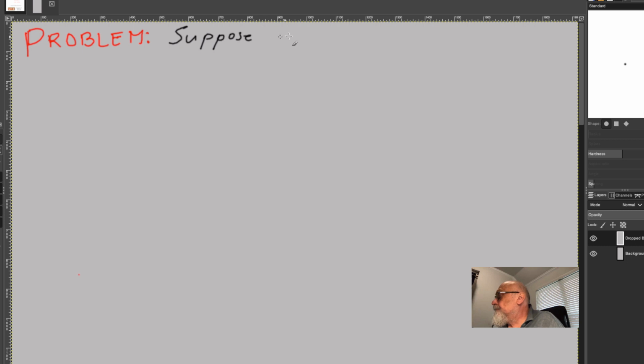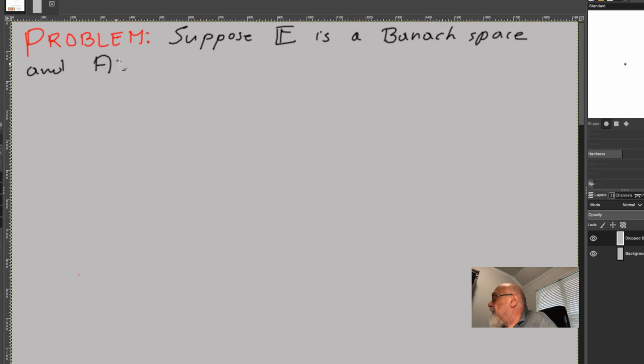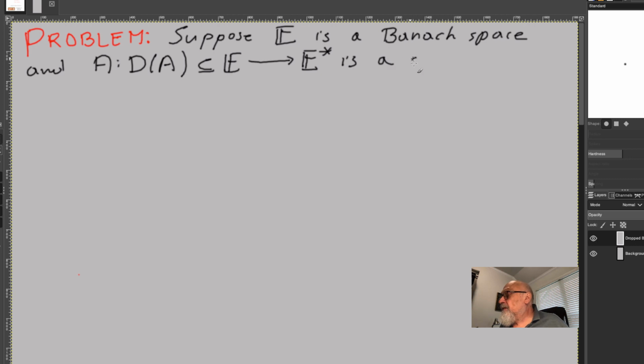Problem. Suppose E is a Banach space, and we consider an unbounded operator A, with domain D(A) contained in E, going to E star.